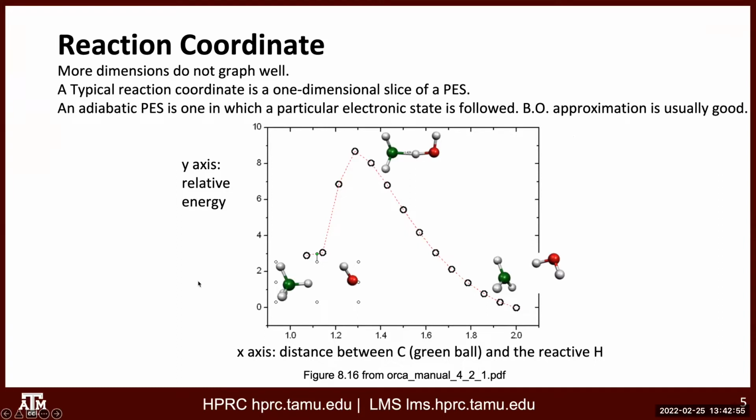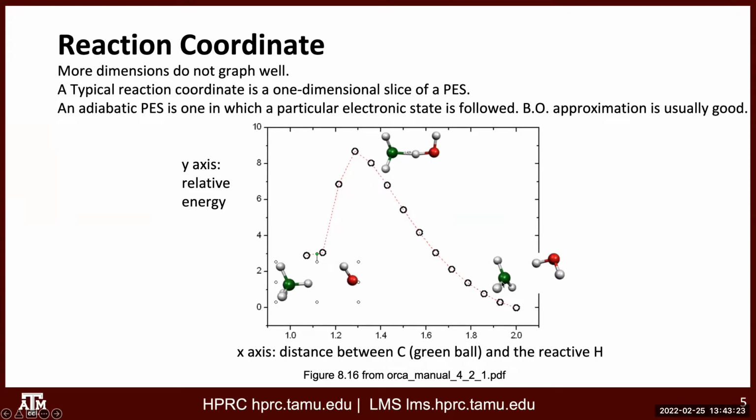So a slice of the potential energy surface would look like this. The x-axis is what we call the reaction coordinate. It's kind of an arbitrary coordinate. Here we use the distance between the carbon and the hydrogen atom as the coordinate.